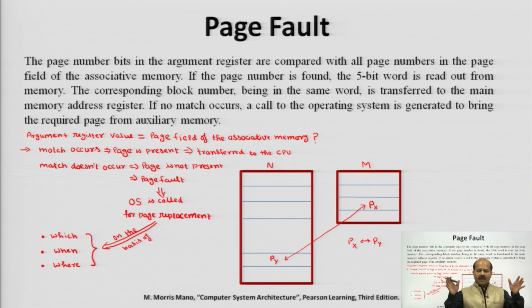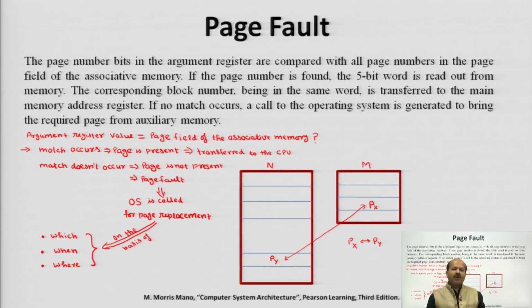And in associative mapping or in a memory page table, if the page does not match, or the entry corresponding to the particular referenced page is not available, or the presence bit is 0 corresponding to that page, what will happen? Then there is a page fault.